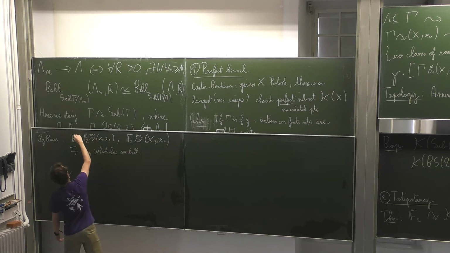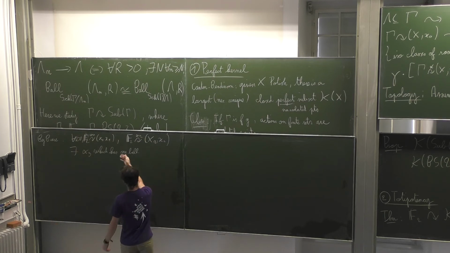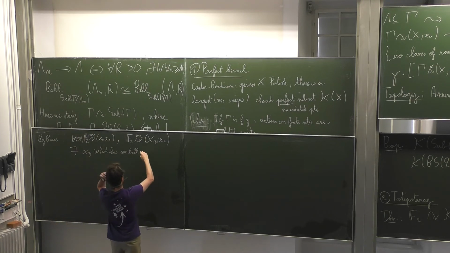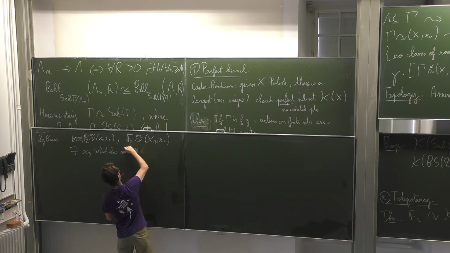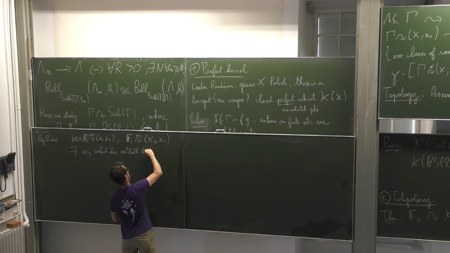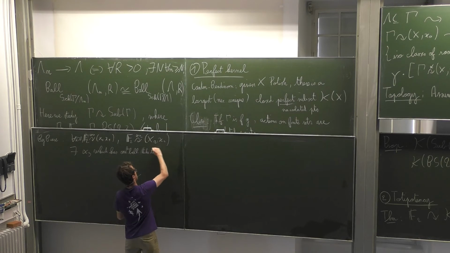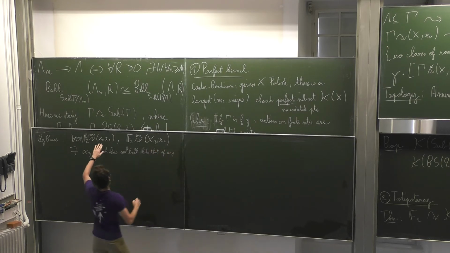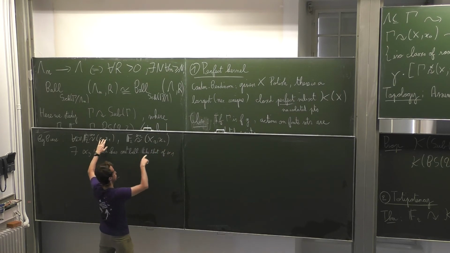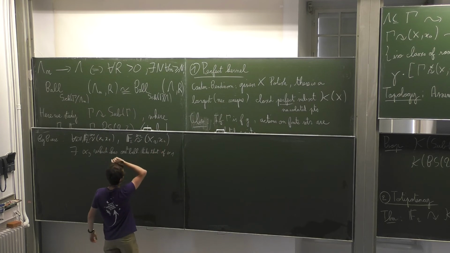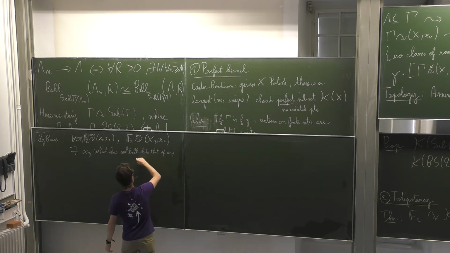So maybe I should also fix a radius. And I want to find an action alpha 3, which has one R ball like that of alpha 1, centered at x1, and one R ball like that of alpha 2, centered at x2.